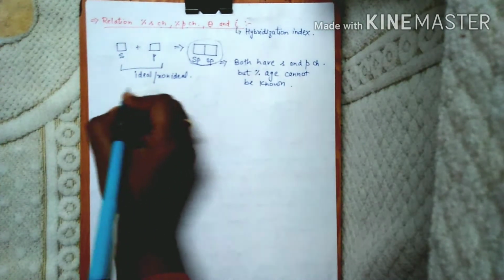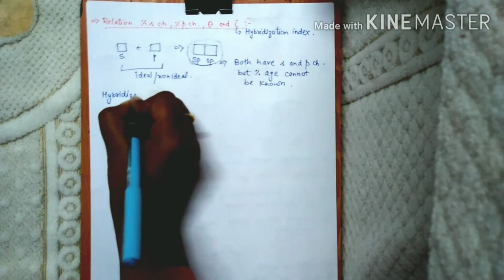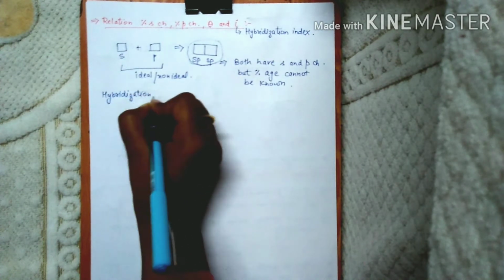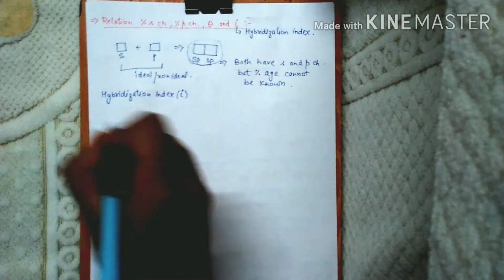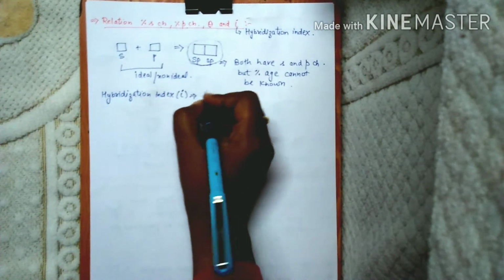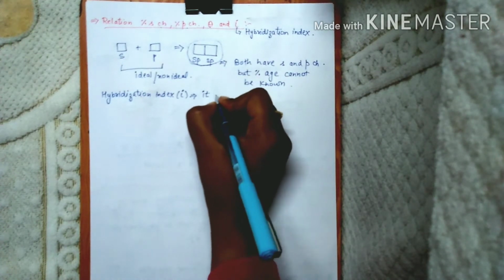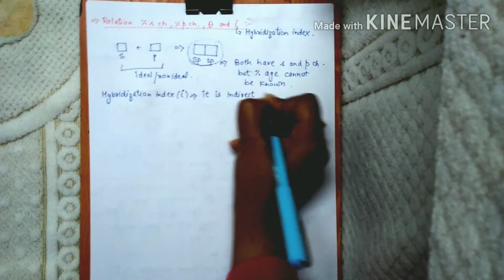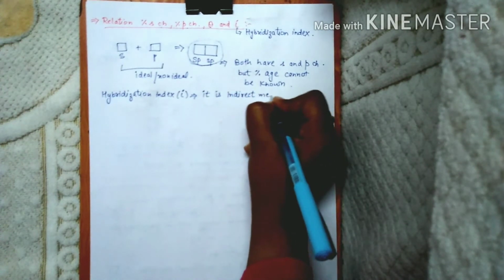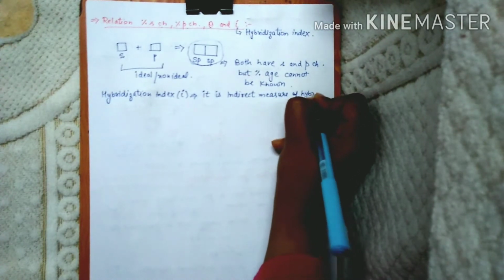Okay, next is your hybridization index, represented by small i. Hybridization index is nothing but an indirect measure of hybridization.